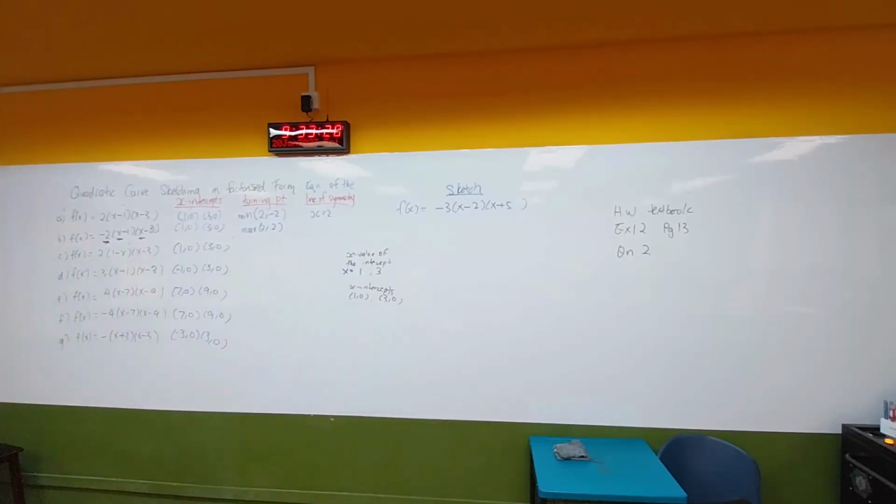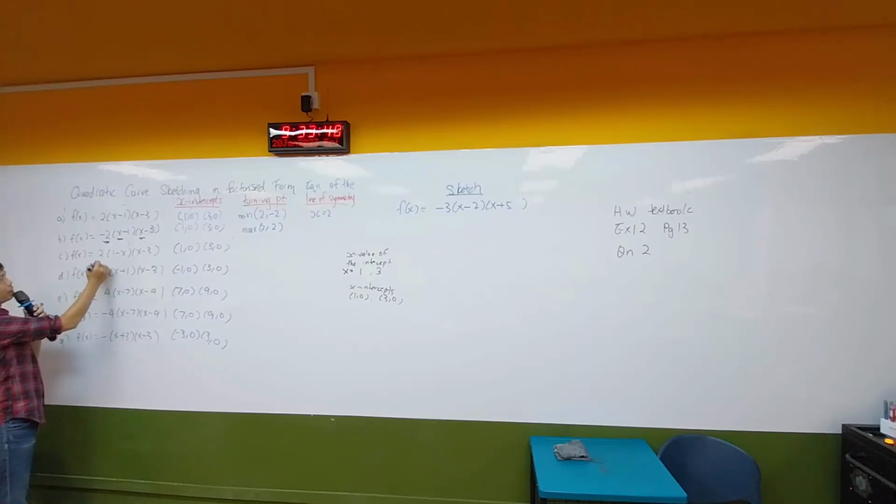Now, for this one, is it a maximum or minimum? This is the last time I'm asking you. Remember what I said? Why is it a maximum or minimum? Because of the positive or negative x squared. Yeah, it's a maximum.